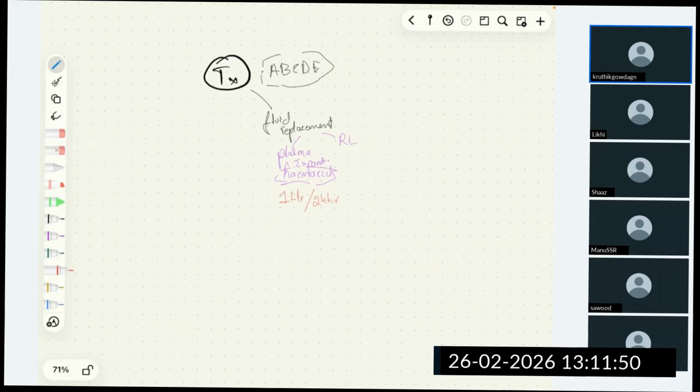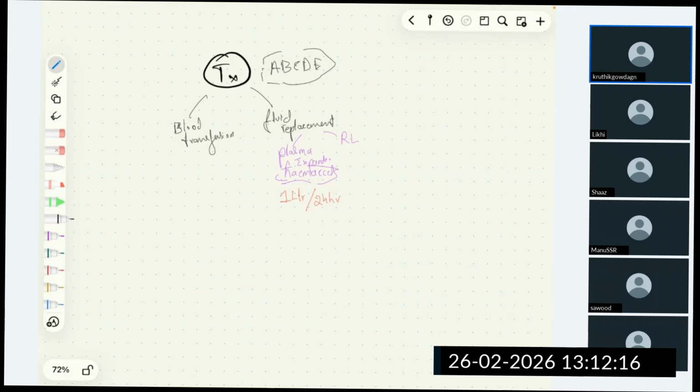We know that blood loss should be corrected by blood transfusion only. Please note this point. If the patient has blood loss due to RTA, it should be corrected with blood transfusion only. The crystalloids and colloids do not have oxygen carrying capacity.